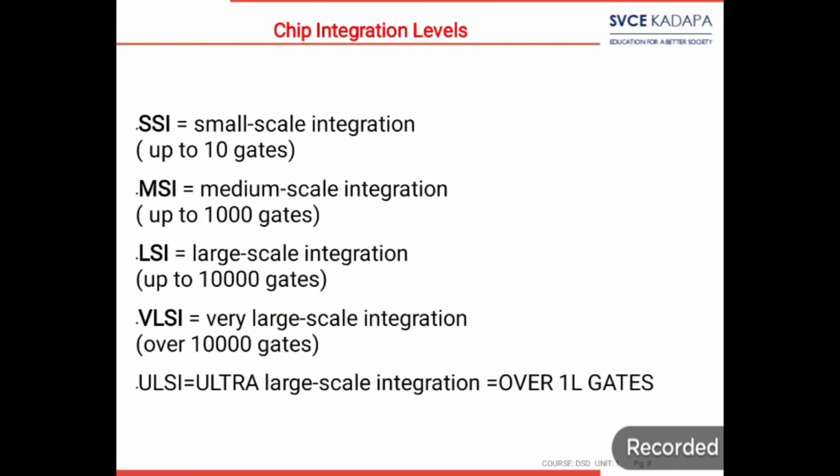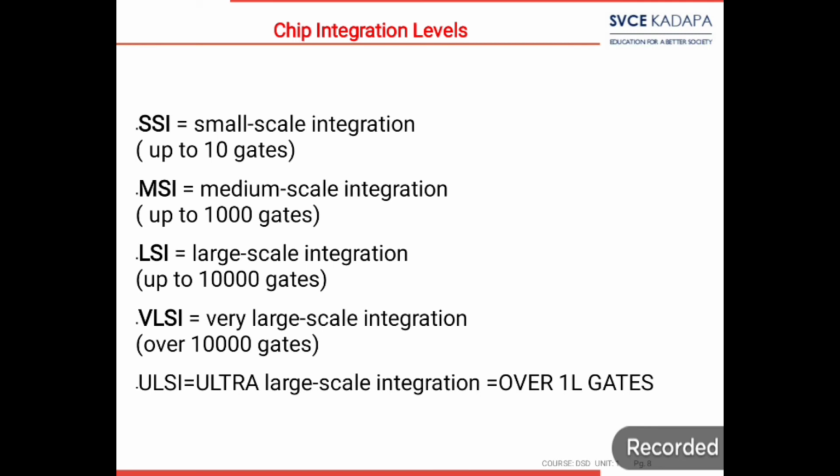Next, based on the integration count, chip integration levels are classified into 5 different types: small scale integration, medium scale integration, large scale integration, very large scale integration, and ultra large scale integration. In the early days of IC technology, we used SSI. Later on we used MSI, LSI and VLSI.